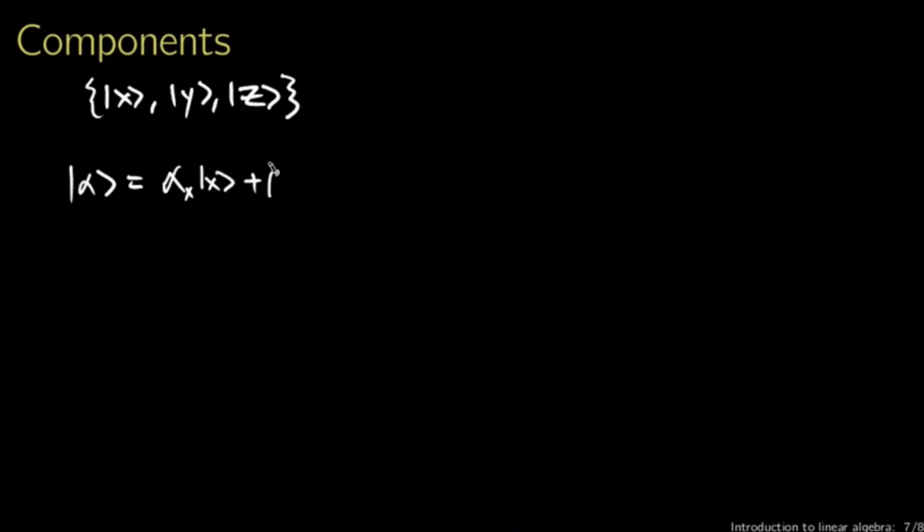Finally, while I have said that vectors can live without the components, it is useful to express things in terms of components many times. So if I have a basis of unit vectors, an orthonormal basis set that spans the space that I'm interested in, in this case three-dimensional space, I can write the vector alpha as alpha x times the vector x, plus alpha y times the vector y, plus alpha z times the vector z.